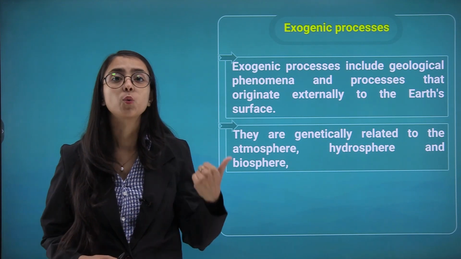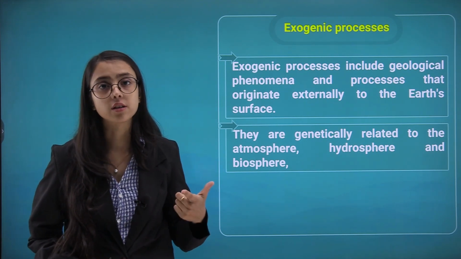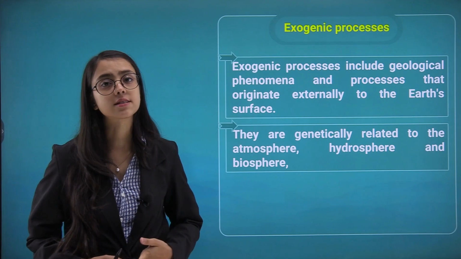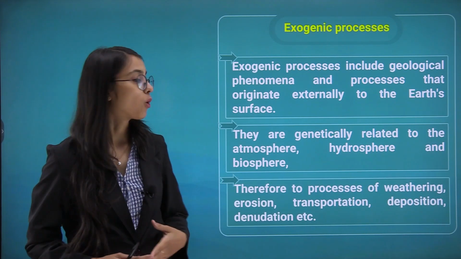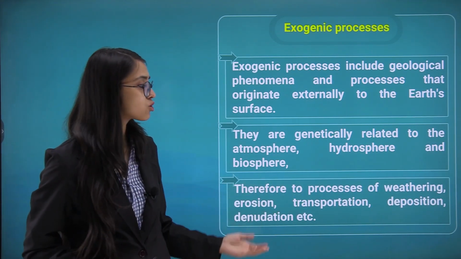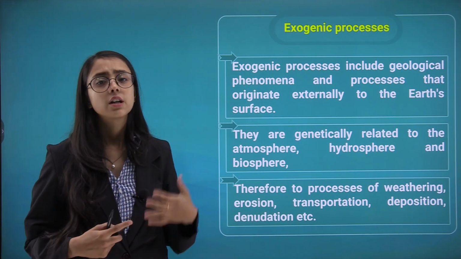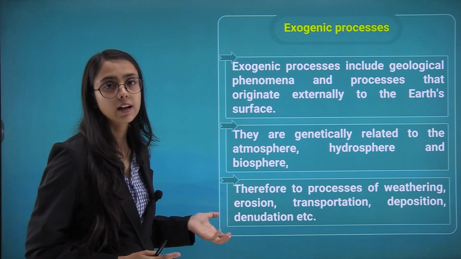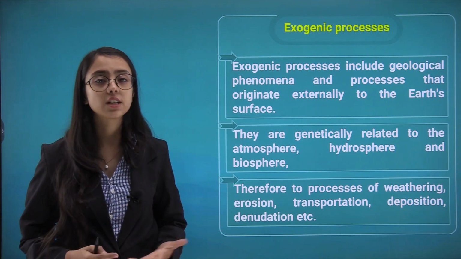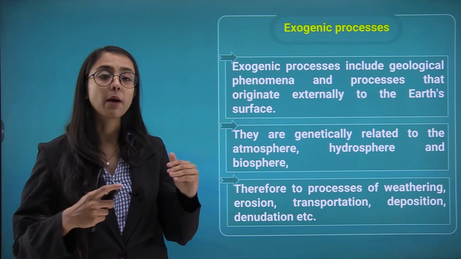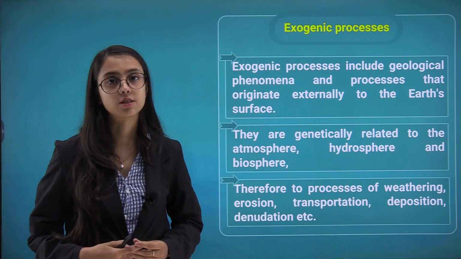For example, wind or water, ice, glaciers, etc. Therefore, the processes of weathering, erosion, transportation, sedimentation, deposition, denudation are all the factors that change the surface of the earth from time to time, but they happen on the surface of the earth.